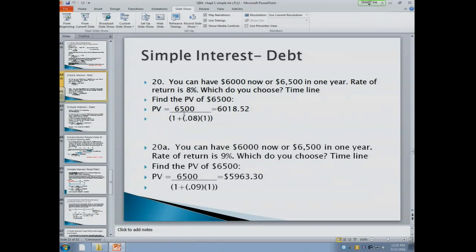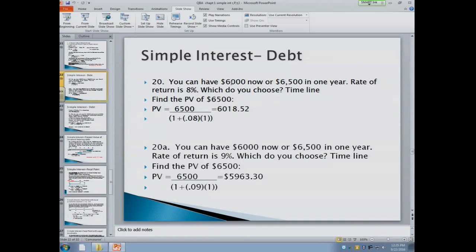So $6,500 at 8% in today's dollars, or today's value, is $6,018.52.